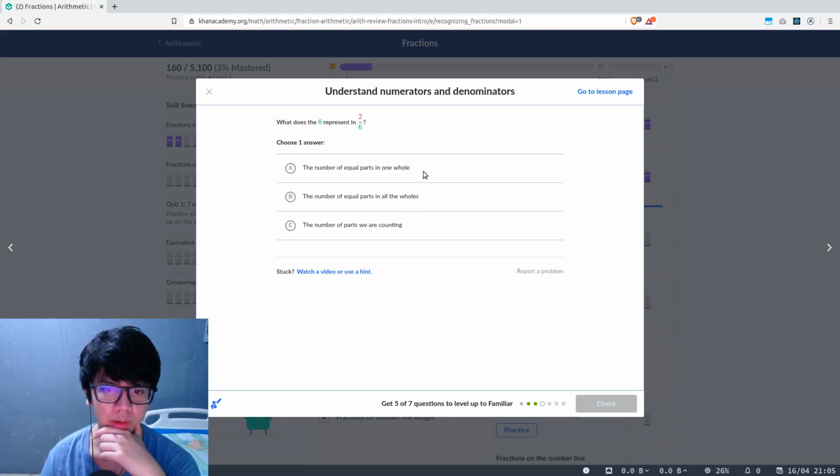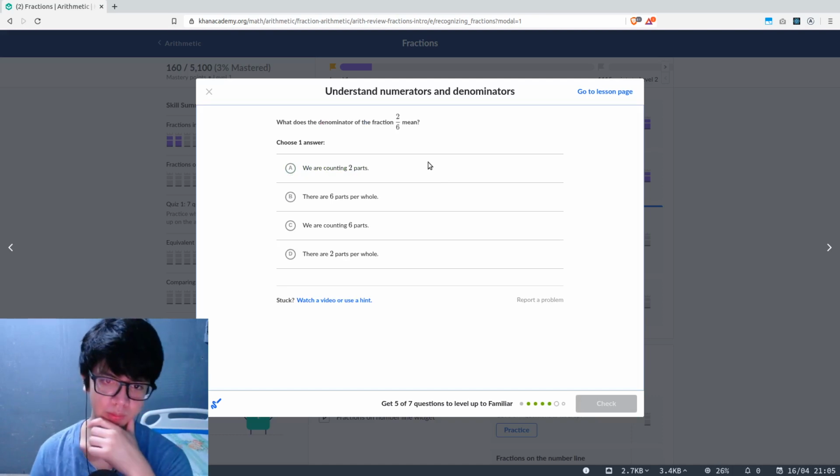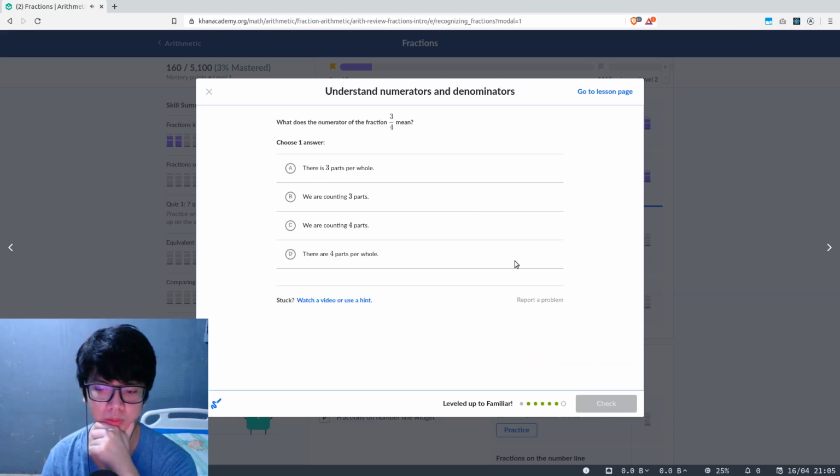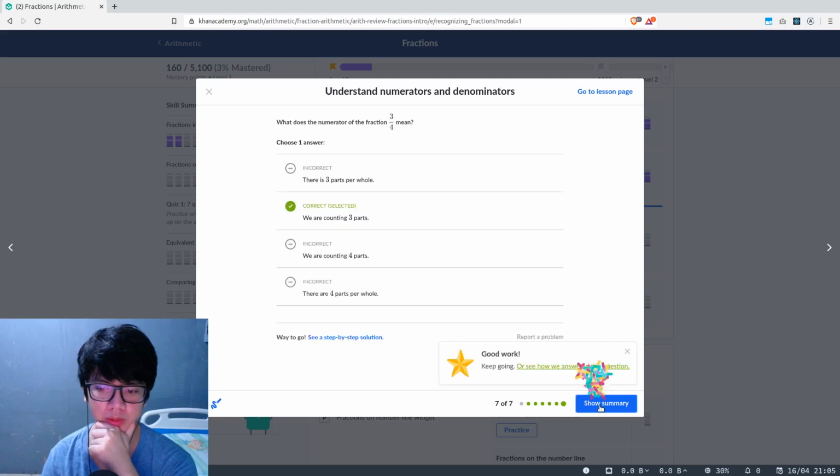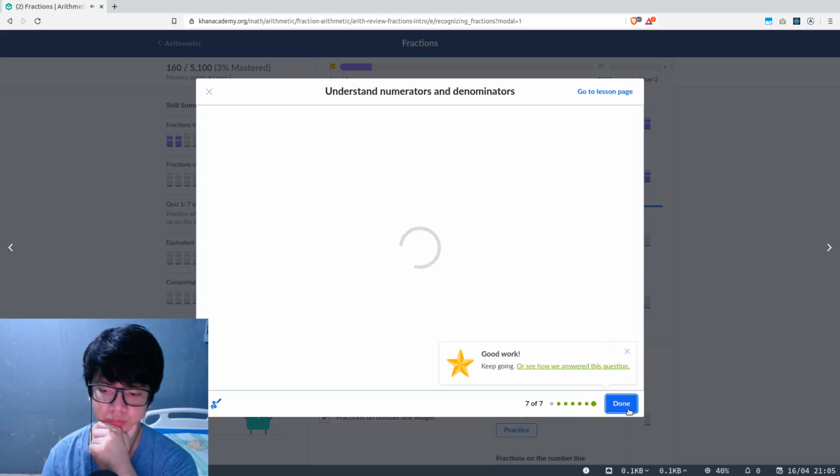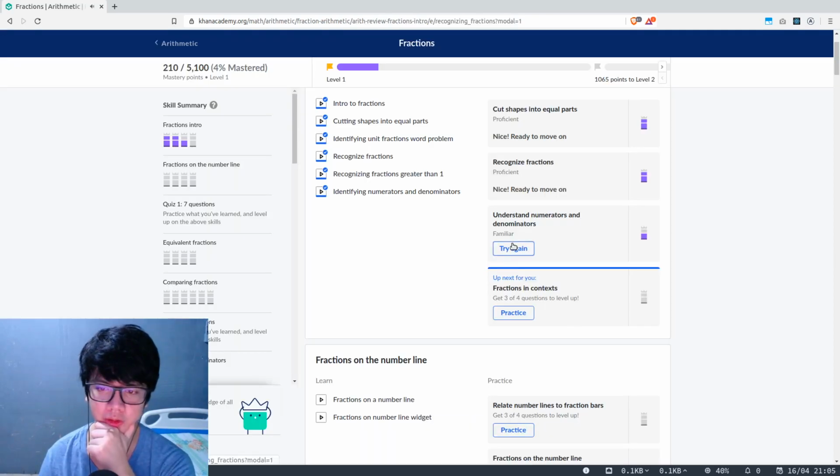The number of parts in one whole. What does the denominator of the fraction 2/6 mean? There are 6 parts per whole. What is the numerator? We are counting 3 parts. I have to try again.